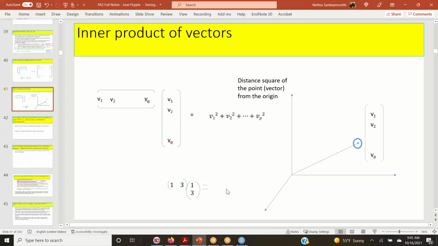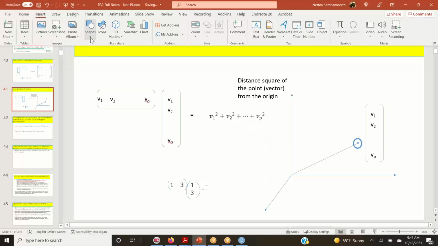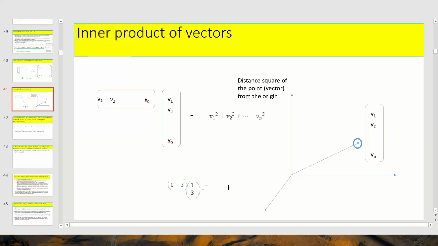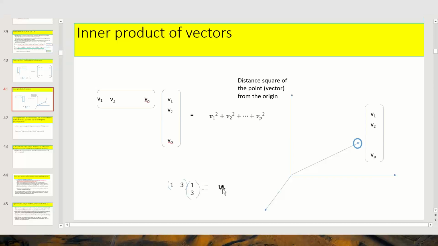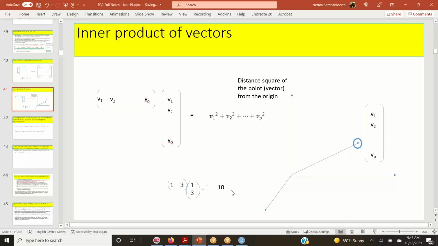What is the value? 1 plus 9, 10, isn't it? Yes, sir. That is the inner product value. And the geometry of this is, the square root of this tells you how far that vector 1, 3 is from 0, 0. It's the distance. Square root of 10 tells you the distance.